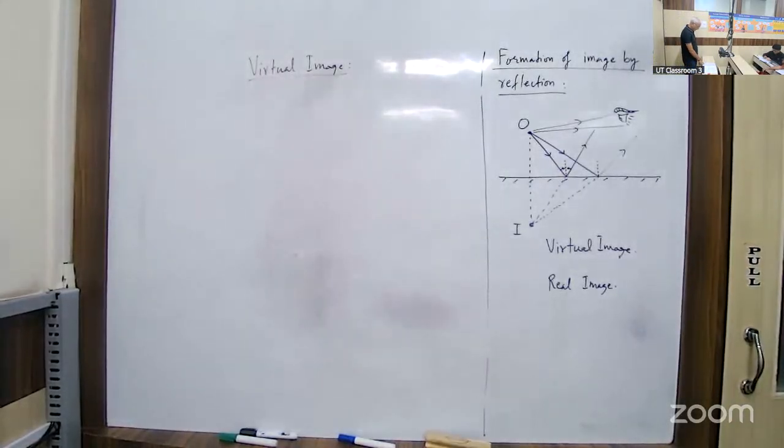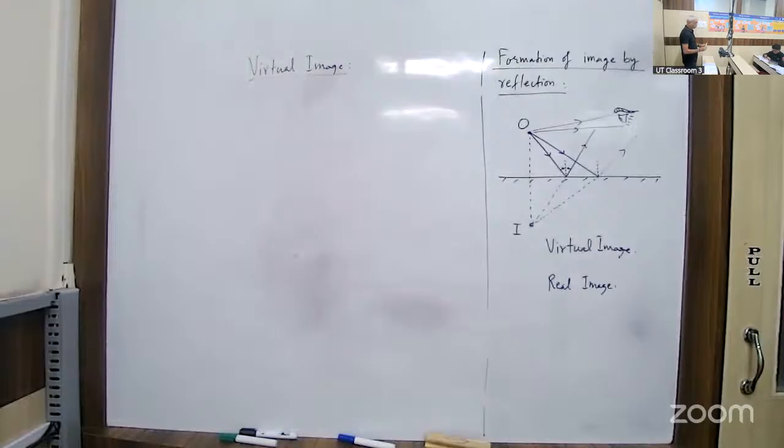What is the first line? Read in the note. Real image is formed due to actual intersection of the reflected rays. I just showed you. Second, real image can be obtained on a screen. You cannot obtain virtual, but real you can. A real image is inverted with respect to the object.